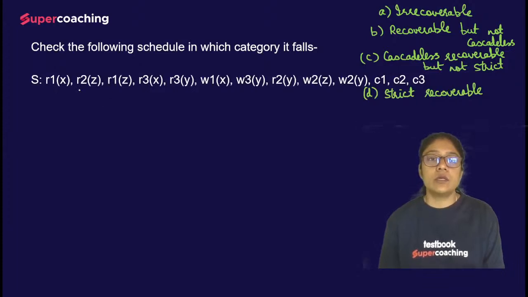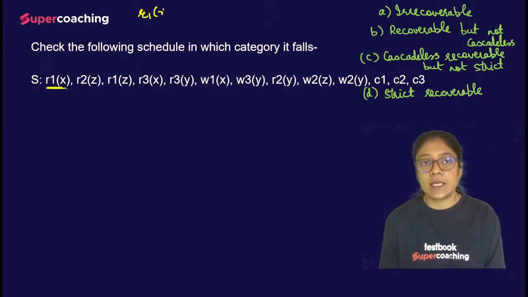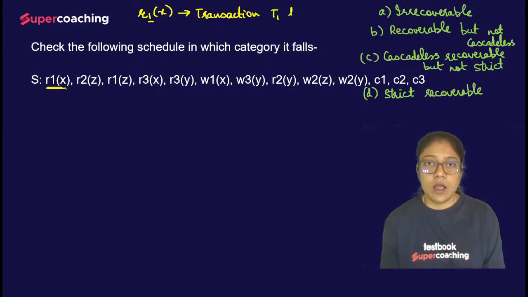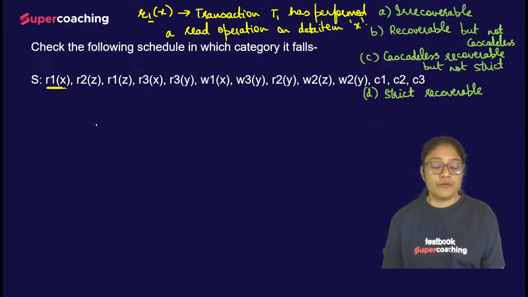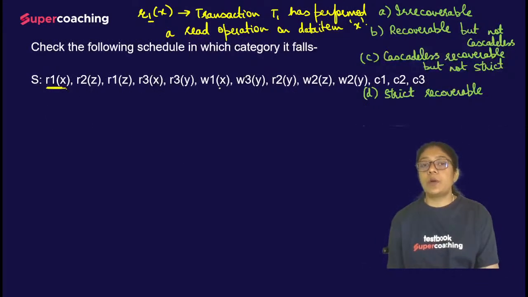If you observe here, whenever you have to read an operation, if I'm reading R1 of X, this means that transaction T1 has performed a read operation on data item X. From here you can notice the maximum number is 3.